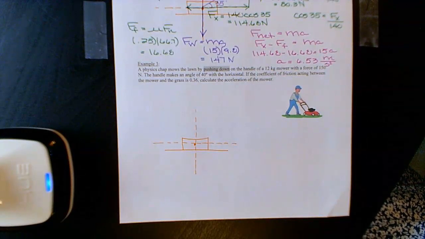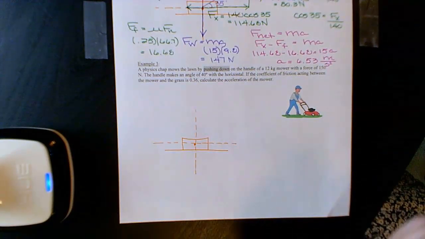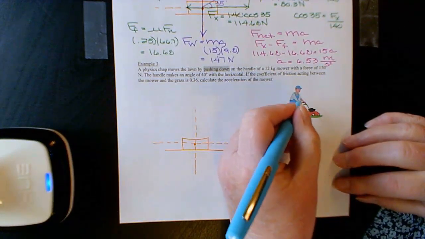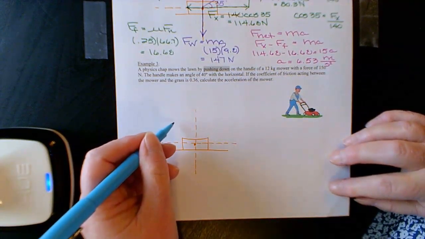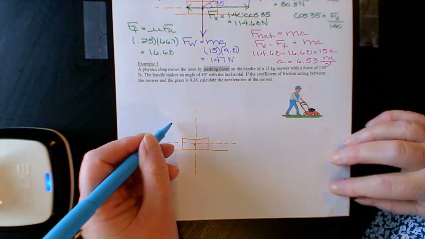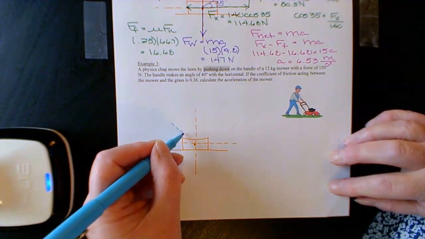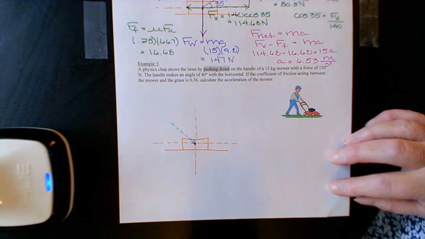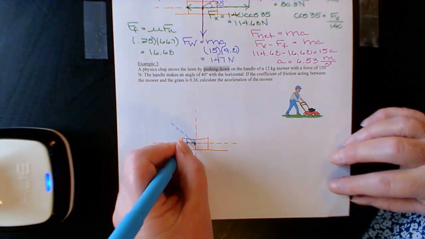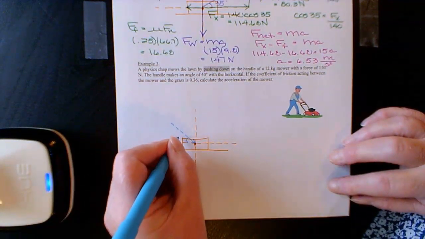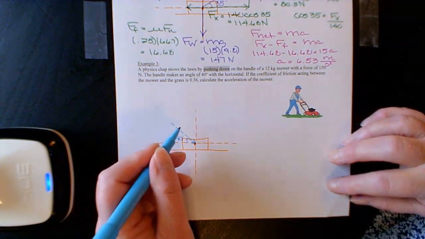All right, so this one's a little tricky because he is pushing down on the handle. So this arrow that I'm drawing really should not be part of my picture, but let me just show you what's happening. So he's pushing down like this. And this is a 40-degree angle. So this is like pushing down on the handle.